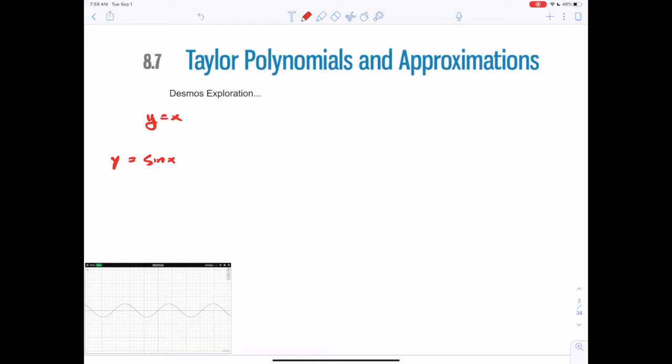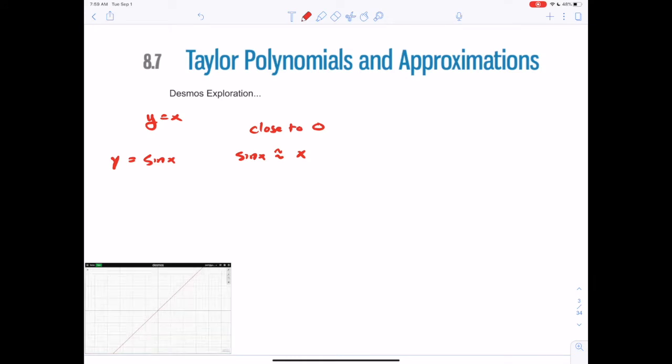So here's what we noticed so far. When we zoom in close enough, when we're really close to 0, sine x was very similar or approximately equivalent to y equals x. Remember, when we zoomed in, sine x looks just like x.